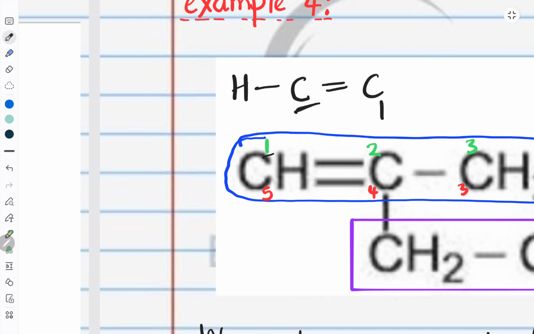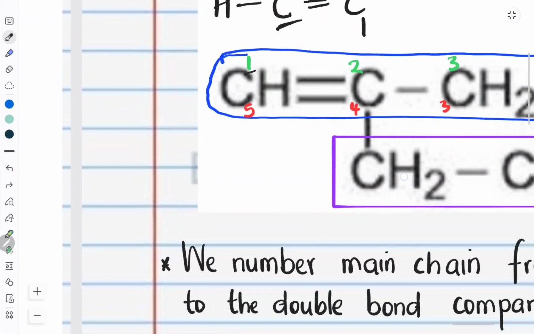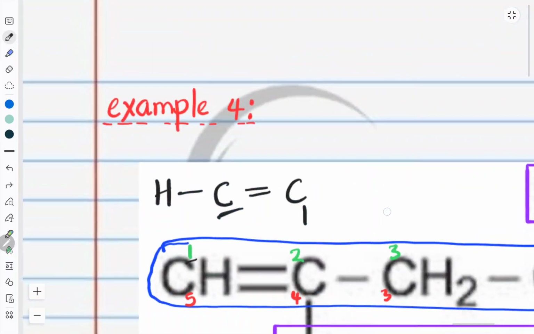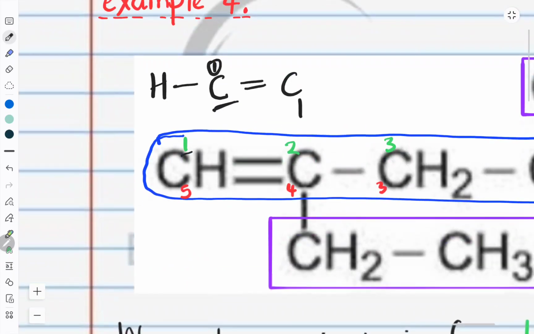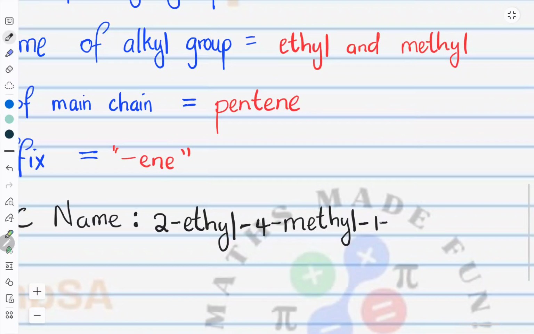So that's why we're saying it's on carbon atom number 1. Okay. All right. In fact, let me not erase that. Number 1. So 1, and then we can write our full main chain name, which is pentene.